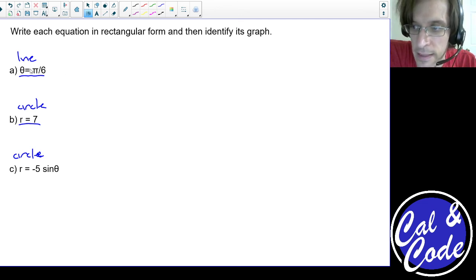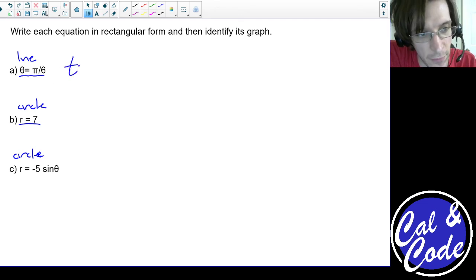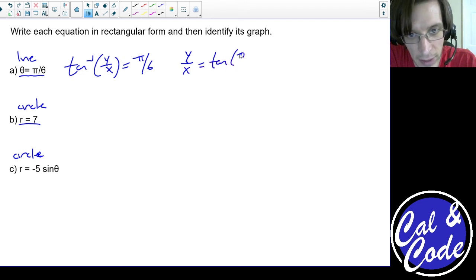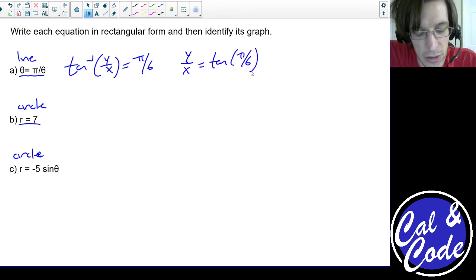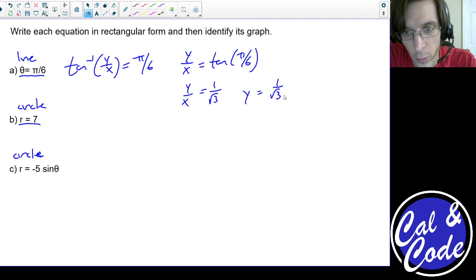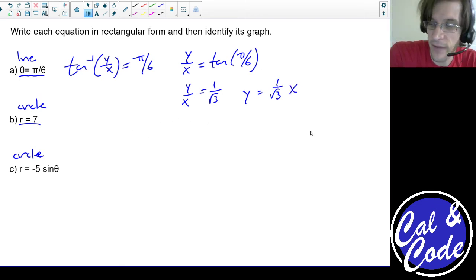Theta is equal to the inverse tangent of y over x. So I'll get that back into y's and x's, which means I have to tan both sides. That'll give me y over x is equal to the tangent of pi sixth. Tangent of pi sixth is 1 over root 3, or root 3 over 3. So y would be equal to 1 over root 3 times x. That is in fact a line.